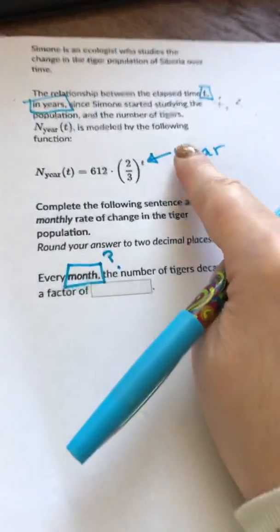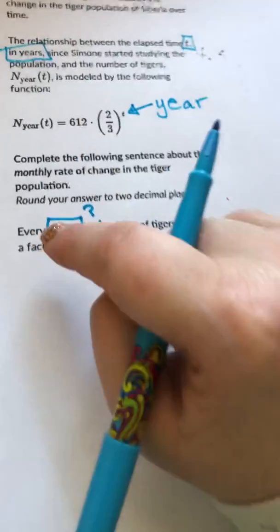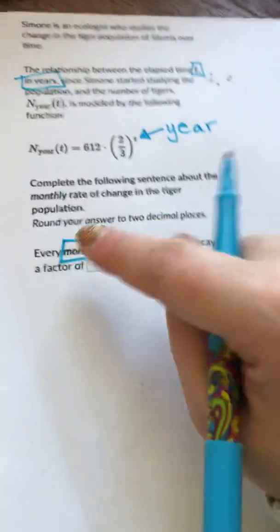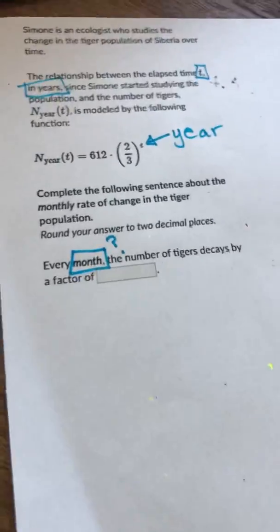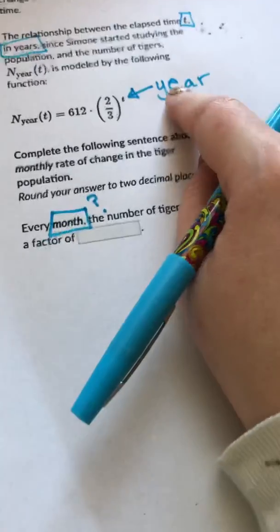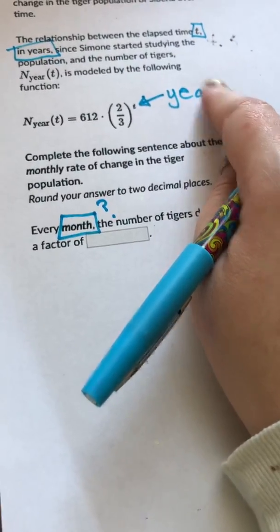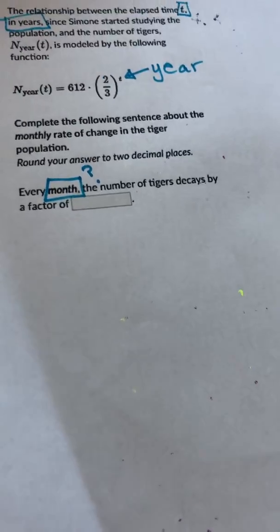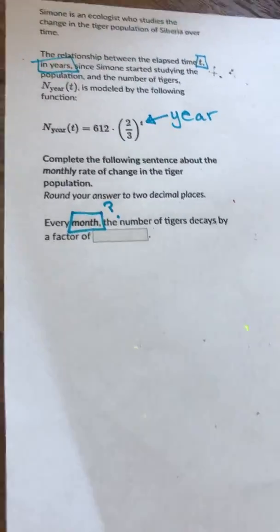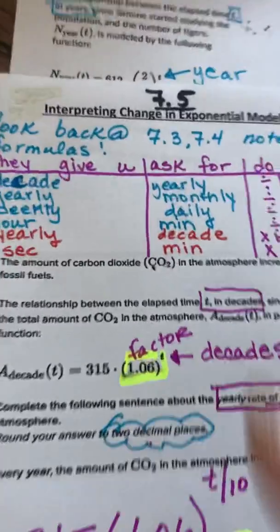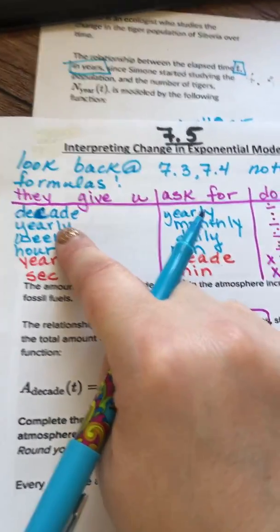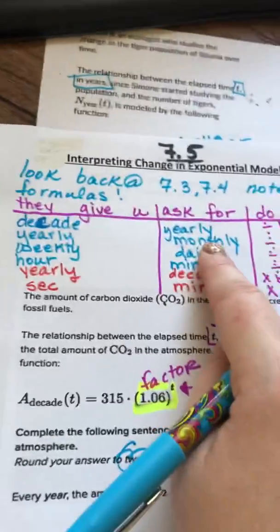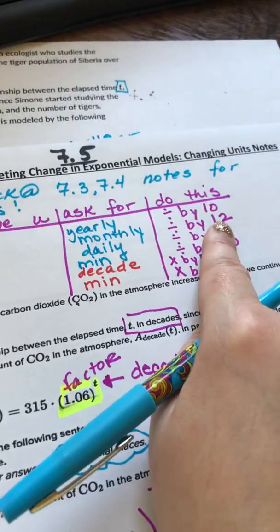So somehow we have to change years to months. How many months are in a year? 12. But since we're getting smaller from a year to a month, we're going to divide. Let's check. On the front of our notes, we wrote, if they give you year and they want month, you divide by 12.